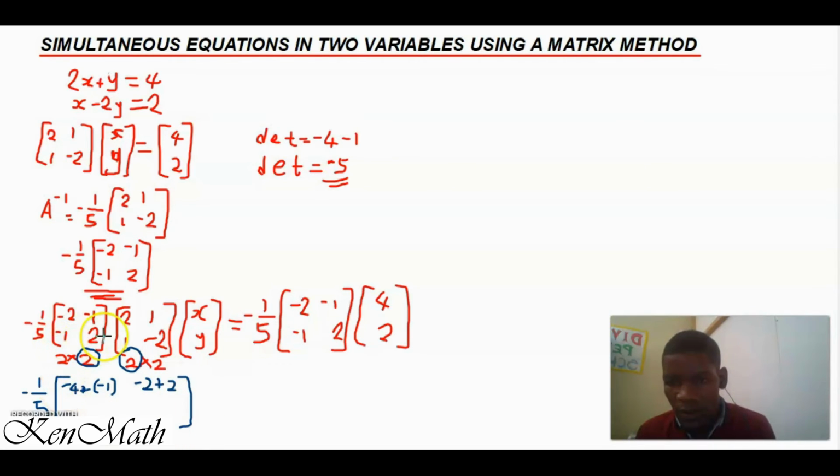We continue with the row by column again, -1 multiplied by 2, which gives -2, plus 1 multiplied by 2, it gives us a 2. And then row again multiplied by the other column, -1 multiplied by 1, it's -1, plus 2 multiplied by -2, it's -4.